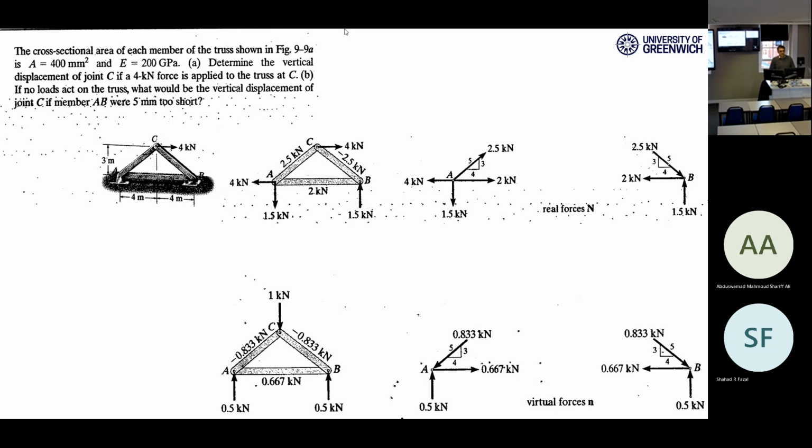This is our short program for the next 3 weeks. For the next 3 weeks, we will finish virtual work. And when we finish virtual work, we will move to matrix analysis, which is the initiation of the stiffness-based approaches rather than the force-based approaches.